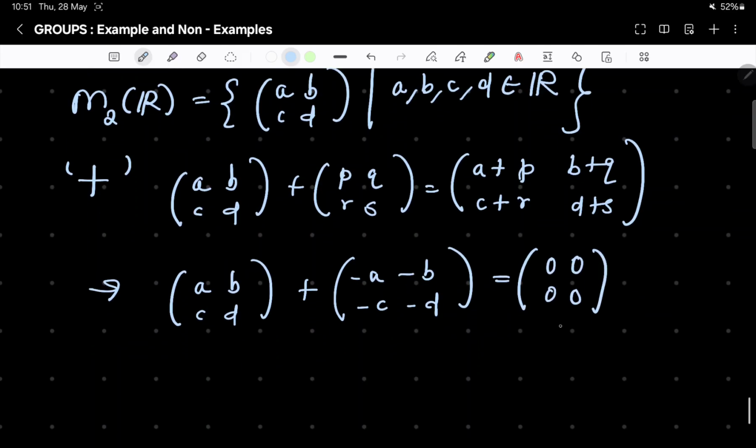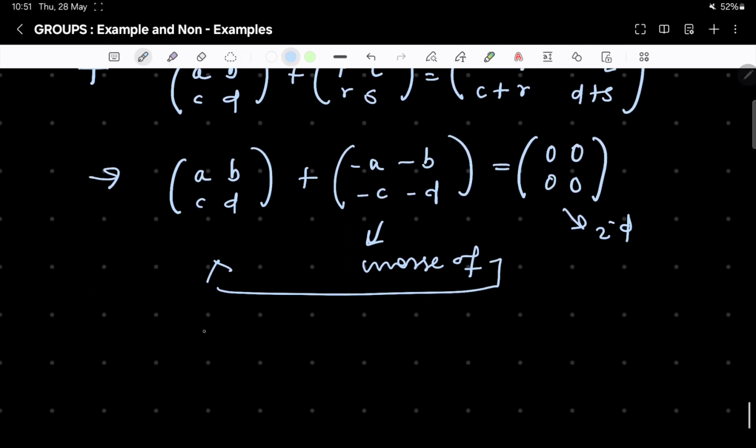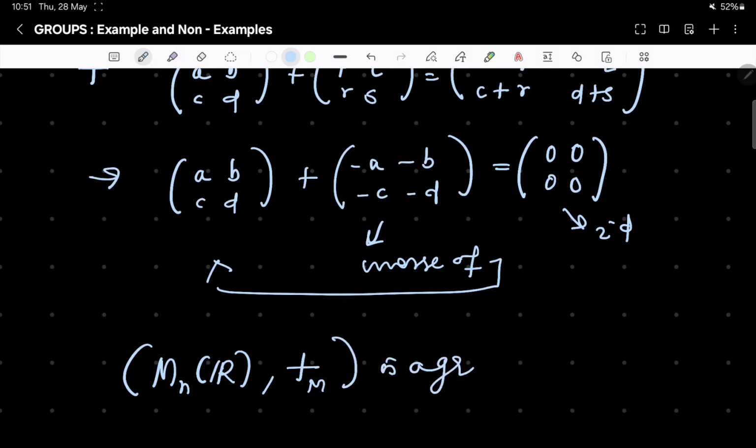So this zero matrix is the identity, and this is the inverse of any matrix of this form, right? So this one line defines the whole thing. So what I can say is Mn, you can generalize it to n by n matrix, MnR with matrix addition, I call it plus M, is a group.